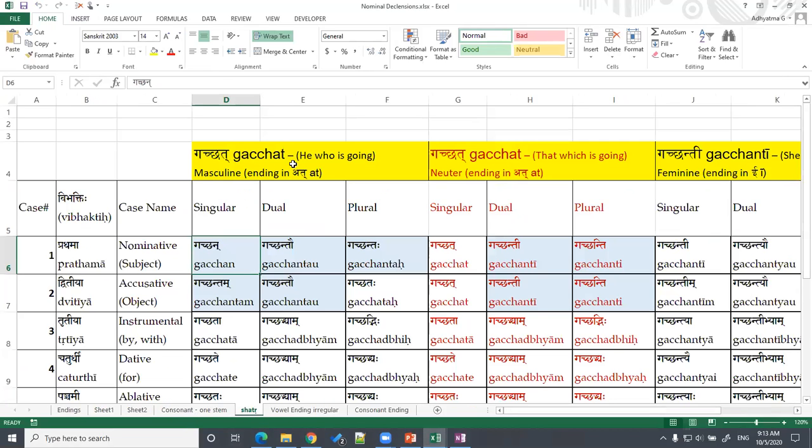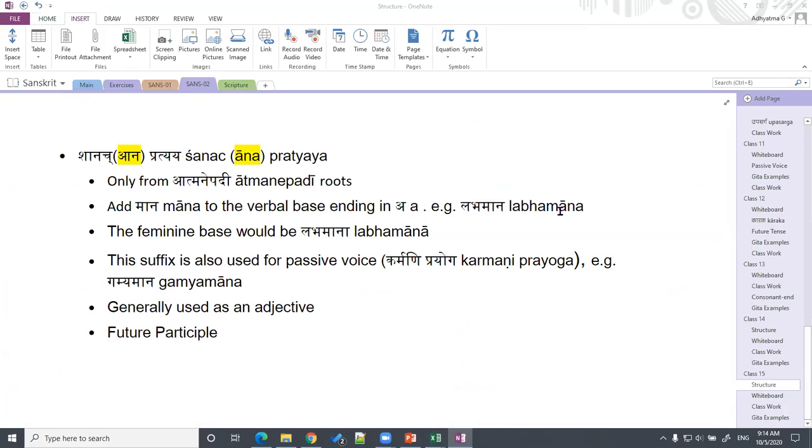Gachat was the base, and it means he who is going. Similarly, labhamana, when you decline, it means he who is gaining or obtaining something. Similarly, labhamana would be she who is gaining something.